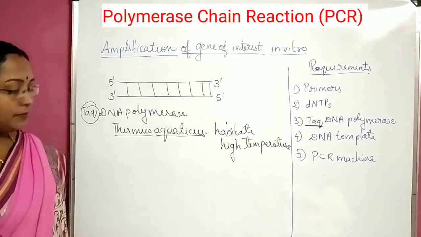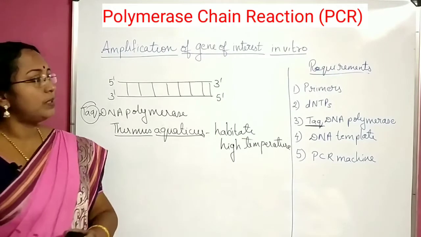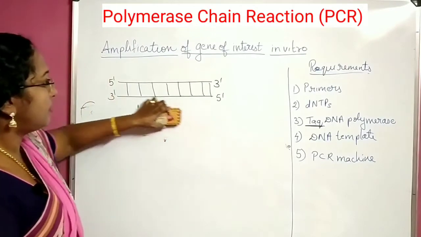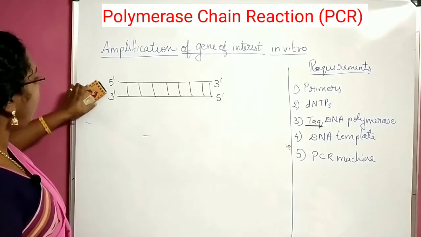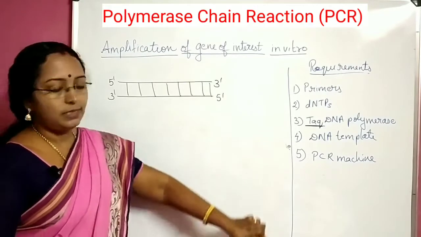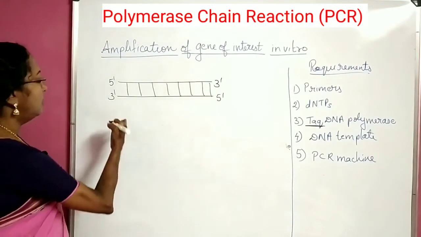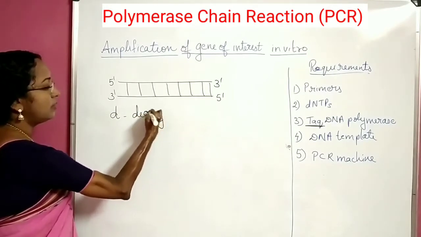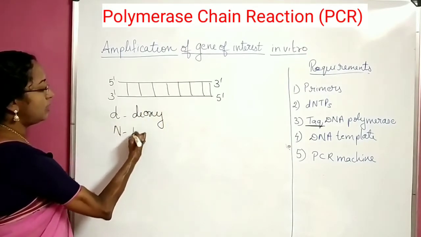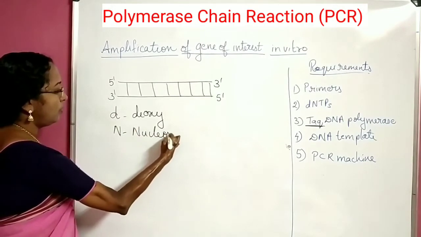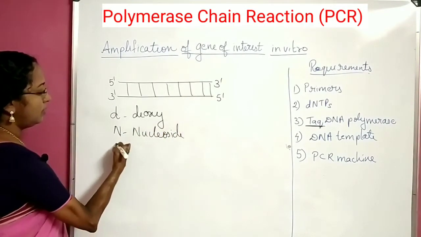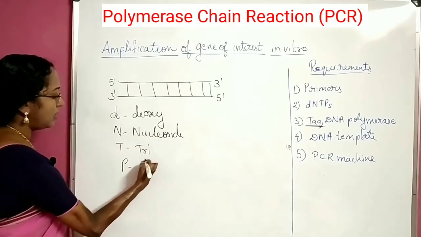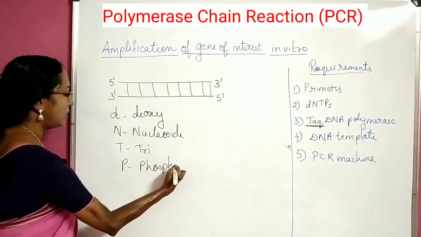Then we have something called dNTPs. You can see here, d I have written in small letters, NTP in capital letters. Here d stands for deoxy, N stands for nucleoside, T stands for tri, and P stands for phosphate.